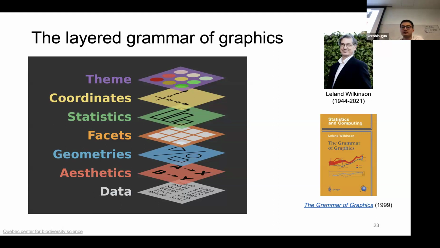graphics. The bottom layer is the data, followed by the aesthetic mapping, which defines how we want to map the variables to the visual properties, and then we define the geometries, how we want to represent the data. Sometimes we have a very huge data set with different aspects of the data, and we want to do some faceting.